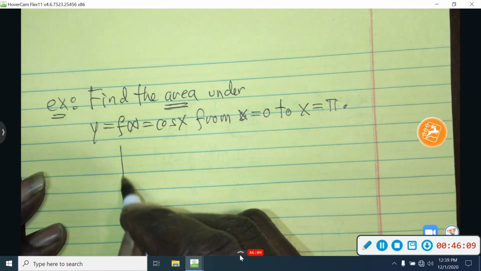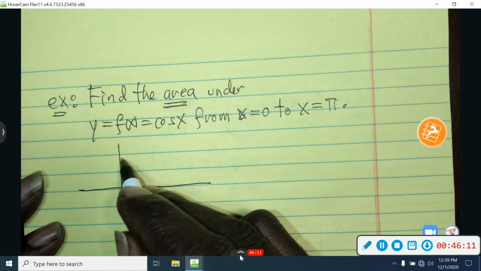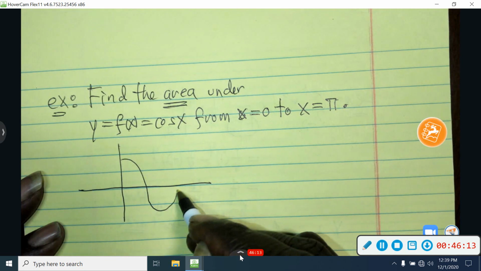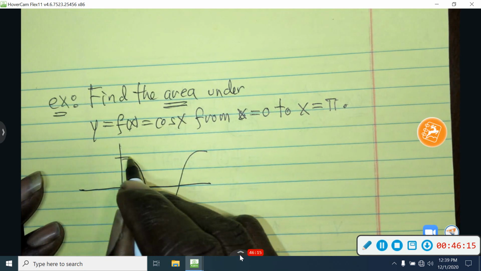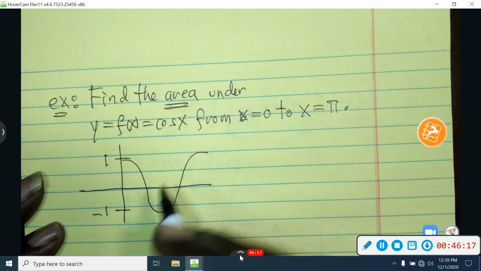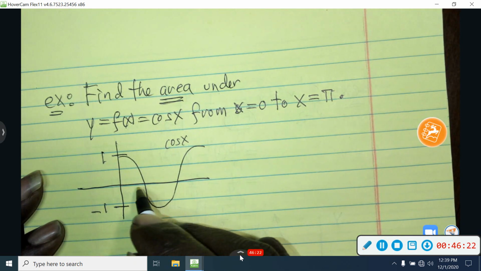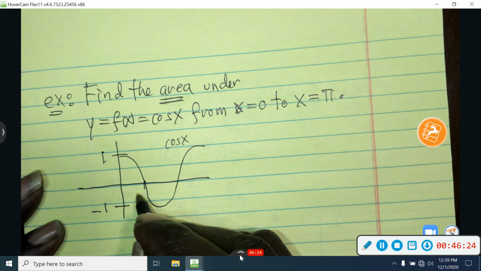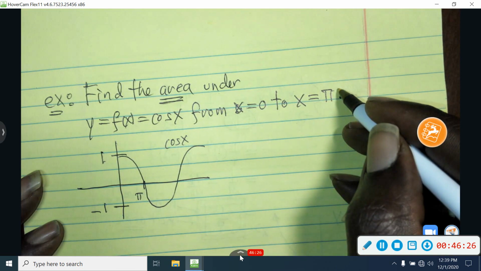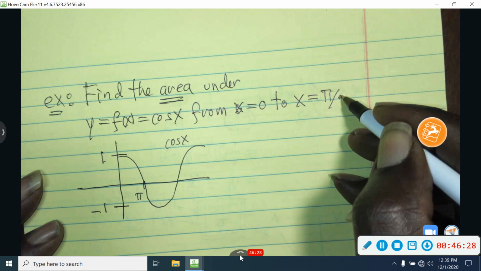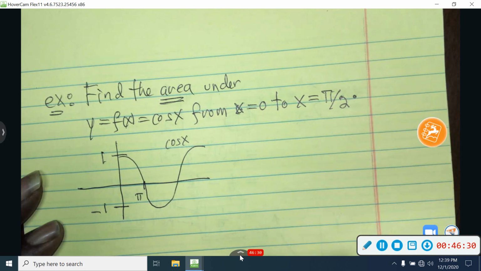Okay? Well, if you look at this function, cosine x, it looks like this. Yeah? Goes up as high as 1, down as low as minus 1. Okay? And if you look at, here's pi over 2. Oh, let's say pi over 2 here, sorry. Pi over 2, because we want to get an area, not just a number.